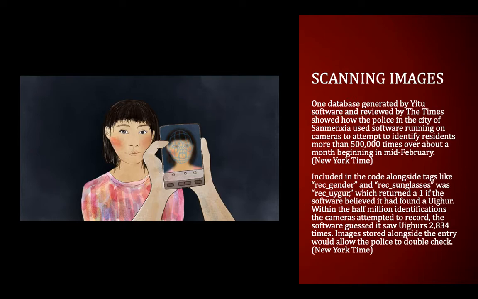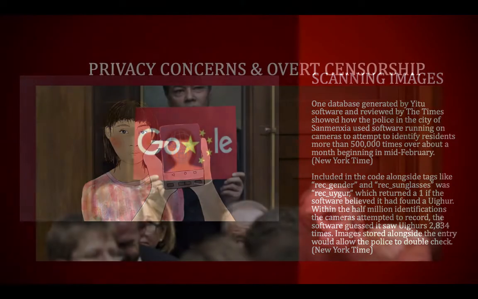Included in the code alongside tags like rich gender and rich sunglass was Uyghur, not really quite sure what that means, which returned a 1 if the software believed it had found a Uyghur. Within half a million identifications, the software guessed it saw Uyghurs 2,834,000 times. Images stored alongside the entry would allow the police to double check.